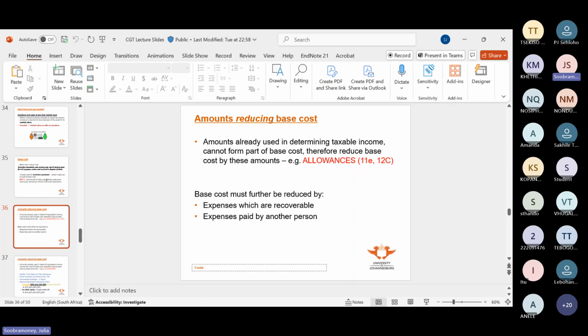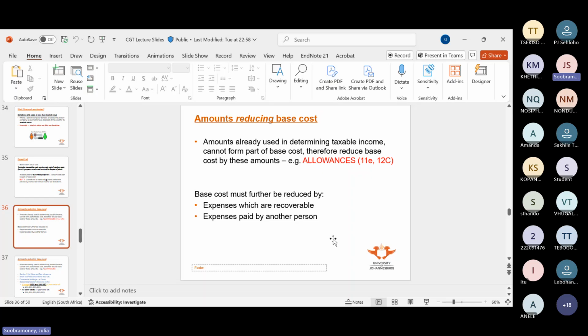Now we go one step further. When it comes to base cost, it says anything that was previously deducted or currently deducted under my tax column, I need to reduce my base cost with. So if your recoupment lands up on a section 11O, which is a deduction, we must also reduce our base cost with section 11O.